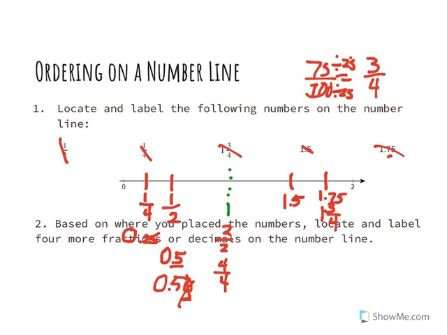What would be halfway in between 1/2 and 1? So if we know that 1/4 is 25 hundredths, 1/2 is 5/10, that would be 75 hundredths. So we had 25 hundredths plus 25 hundredths plus 25 hundredths.